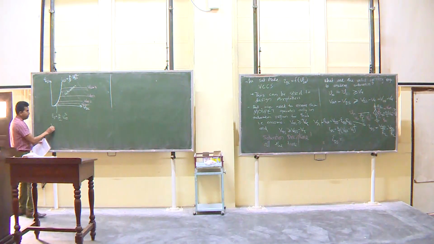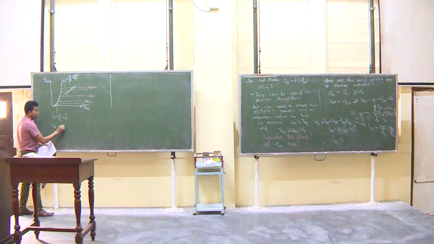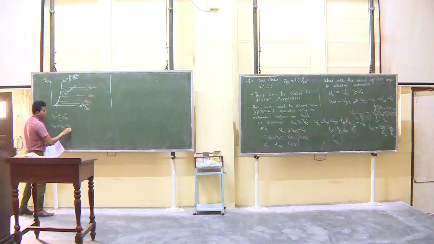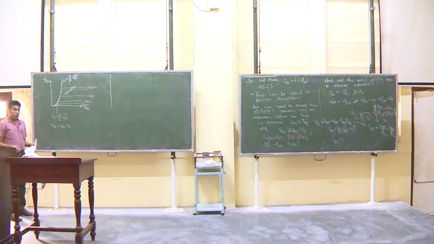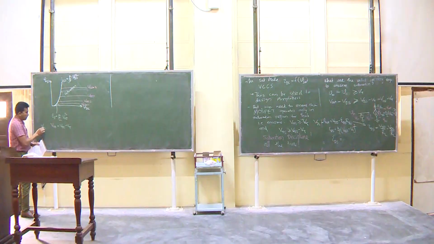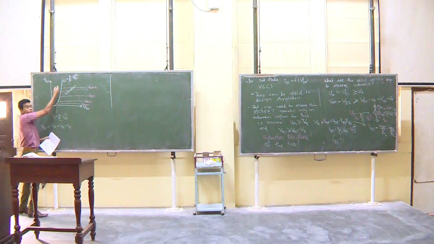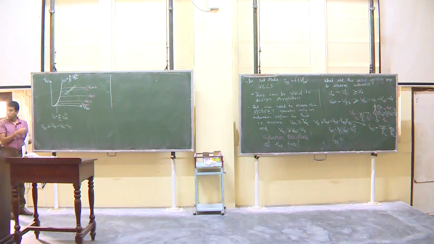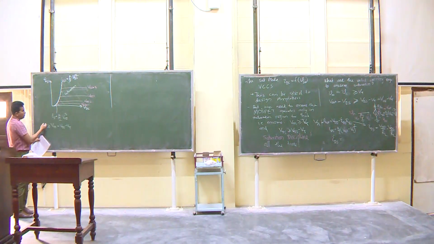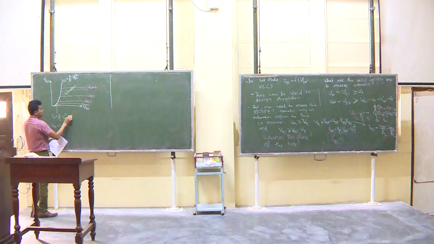What is V overdrive? VDS has to be greater than or equal to this. So, this equal sign is this, okay. Hopefully, it is clear. So, this becomes this equation.